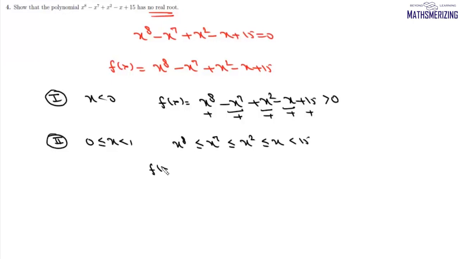Now we can rearrange this f x as x to the power 8 plus x square minus x to the power 7 plus 15 minus x. Now this 15 minus x will be positive, x square minus x to the power 7 will be positive, and x to the power 8 is also positive. So that means this f x is also positive when x lies between 0 and 1.